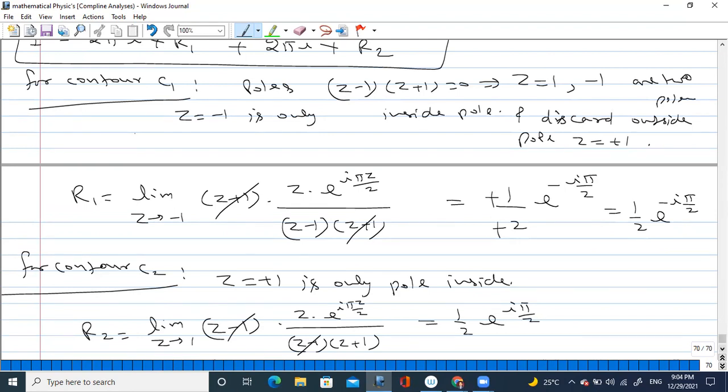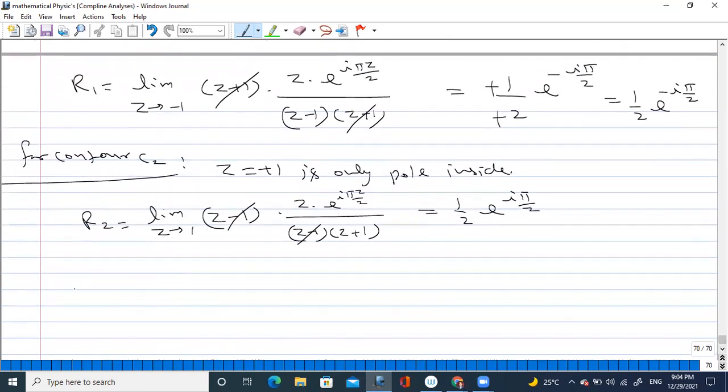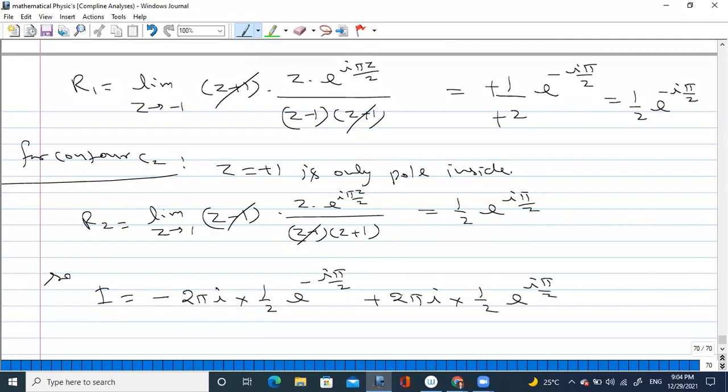So now you can put R1 and R2 in the question. So the integral will be minus 2 pi i into R1, where R1 is 1 by 2 e to the power minus i pi by 2, plus 2 pi i into R2, where R2 is 1 by 2 e to the power i pi by 2.